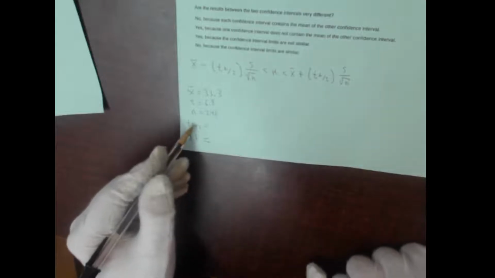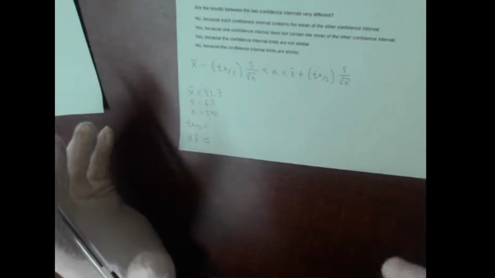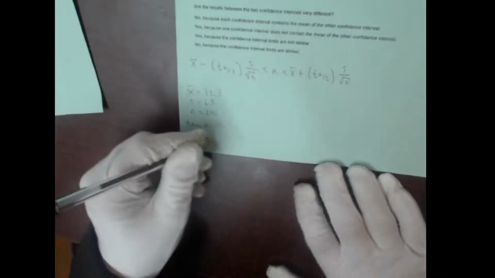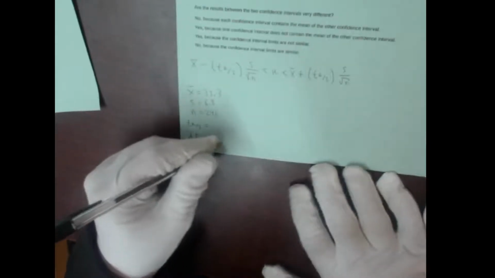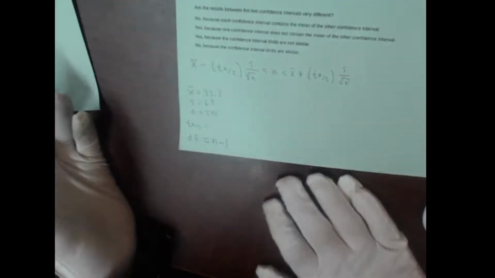Okay. When we're doing a t statistic, we need to know one thing called degrees of freedom. Now, what degrees of freedom are is a little bit beyond the scope of this class, but it's basically how we make our statistics be less biased. The point is that degrees of freedom is almost always n minus 1. It's almost always just your sample size minus 1.